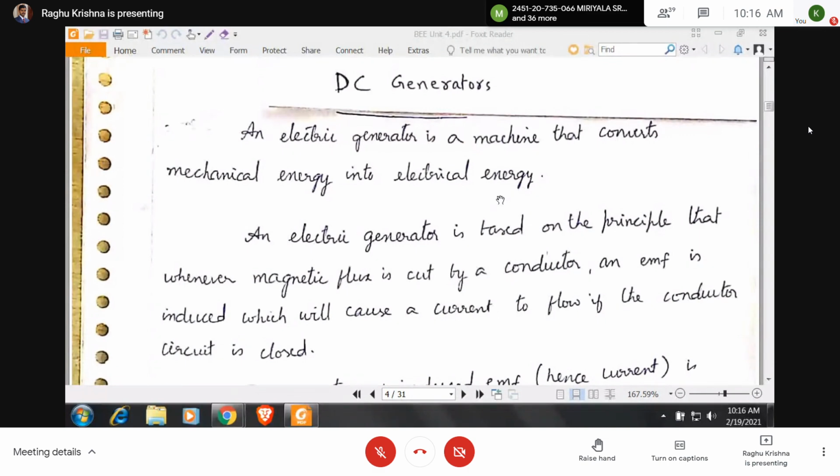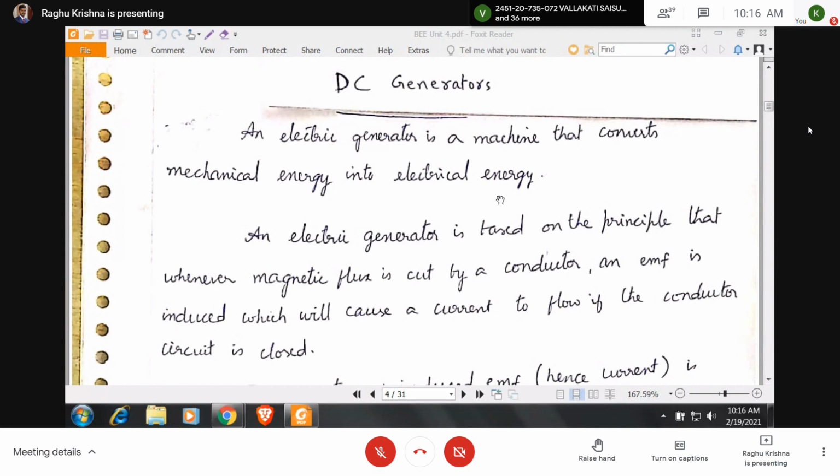If you take alternators or generating stations, mechanical power is given as input to the generator. If you take a hydel power plant, the turbine is rotated by the water.